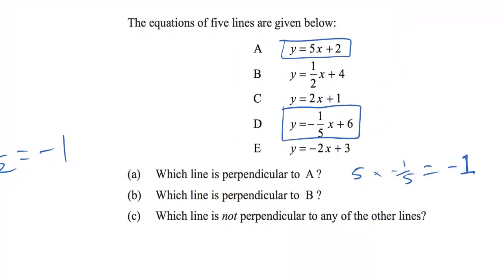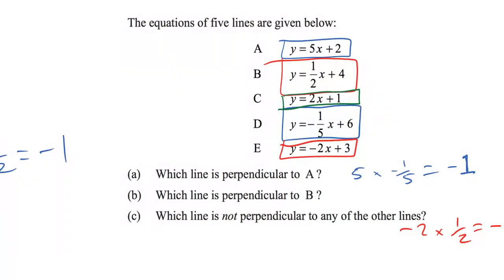Well, B, y equals a half x plus 4. We need to think, what is going to multiply by a half to get minus 1? Well, that is going to have to be minus 2. So that means that E is going to be perpendicular because minus 2 times a half is equal to minus 1. Okay, what's not perpendicular to any of the other lines? Well, that is going to have to be this 2x plus 1 here, C.